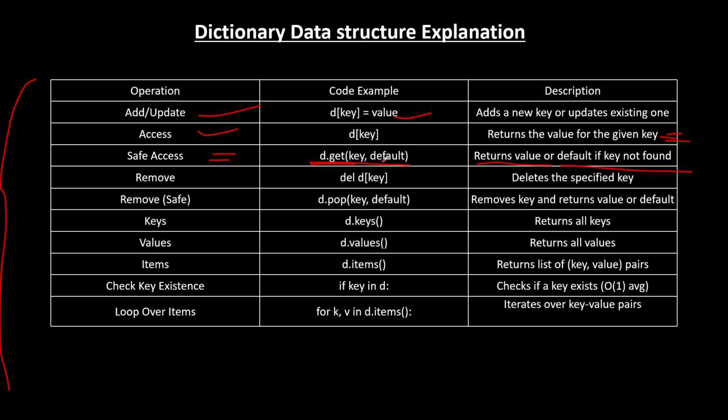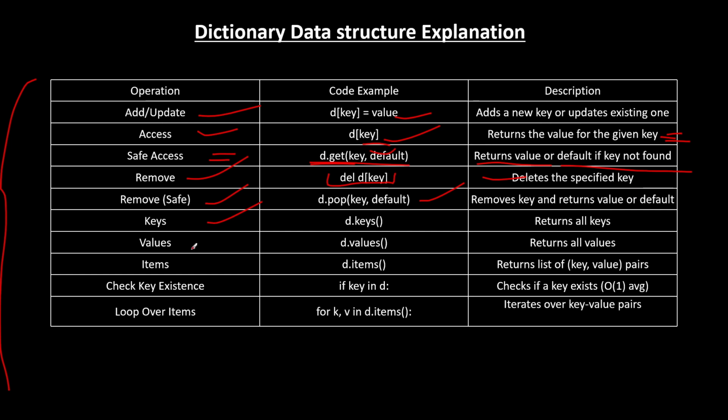Basically, in the normal case, if the key is not there, it will return some error, right? But in this case, you're putting a default here, so that if you don't have the key, it returns the default. For remove, we just write del and the key there, which deletes the specified key. And similarly for the safe version also, it is something like that only.